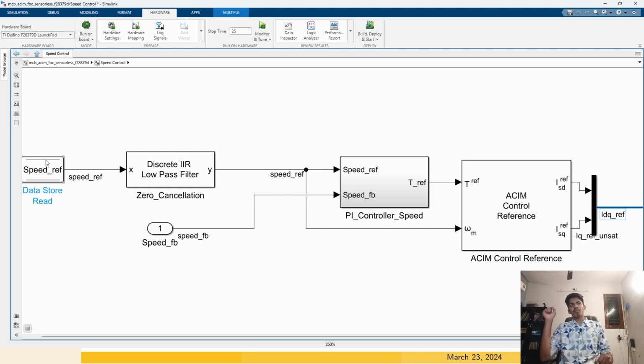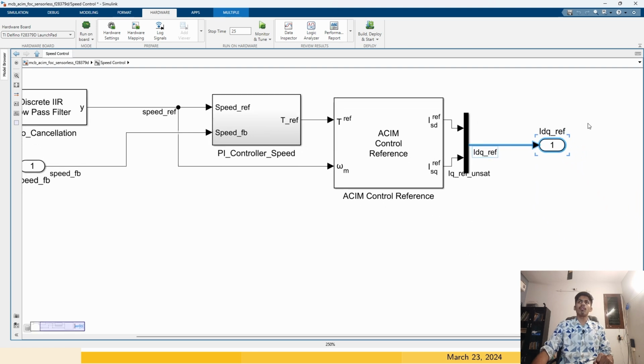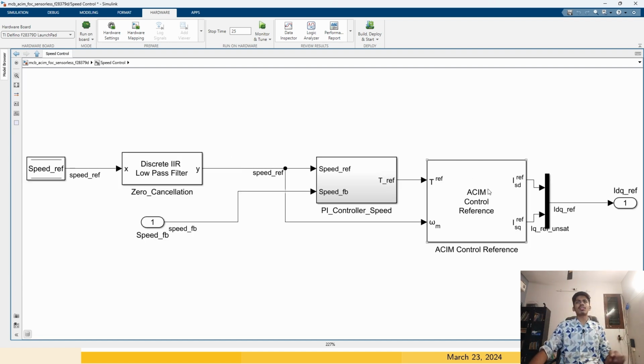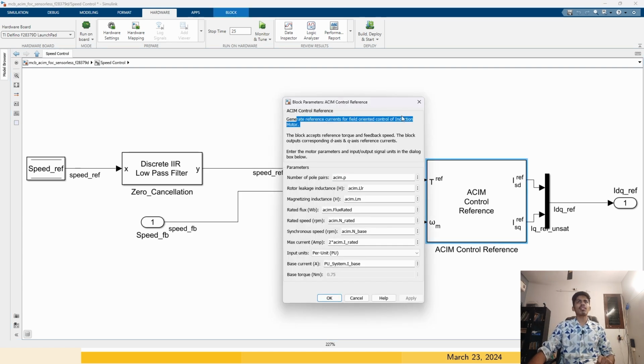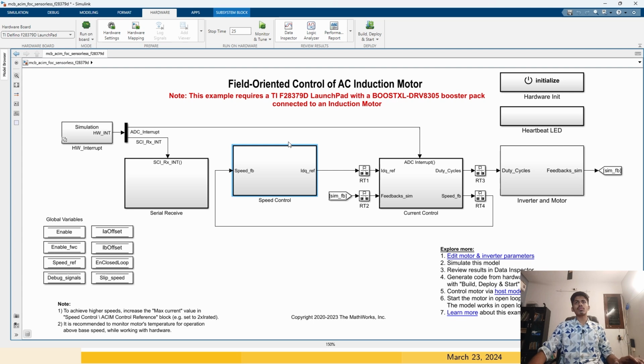We give that 1400 rpm and this system will calculate the ID and IQ reference currents. To achieve 1400 rpm, I need these two ID and IQ currents. We saw in the second video exactly how it does this. So it is generating the reference current for the induction motor.